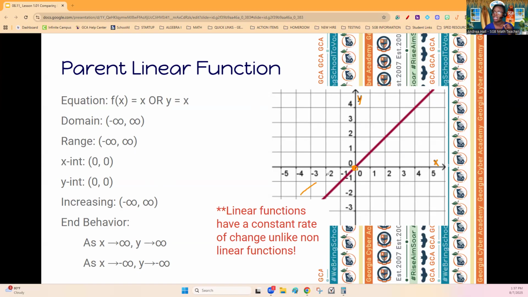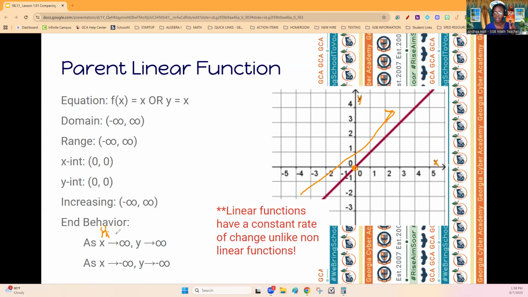This function is increasing. It's always increasing, which is why it's negative infinity to infinity, increasing as we look at the graph from left to right. And then the end behavior tells you what the graph is doing at the end of the graph. Okay. So as x approaches infinity, that means you're looking at the right side of the graph, and we'll talk more about this later.